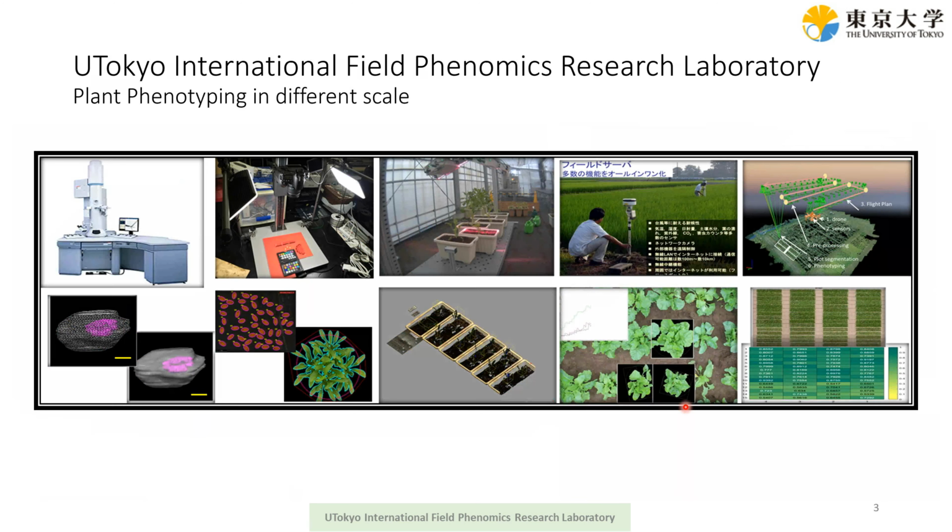And my research interest is mainly focused on developing image processing and machine learning based phenotyping solutions at different scales, for instance from the cell to the whole plant community.